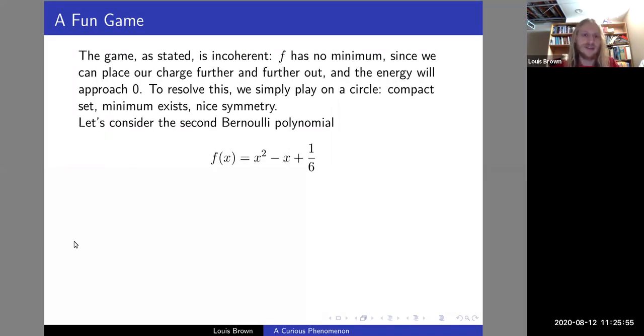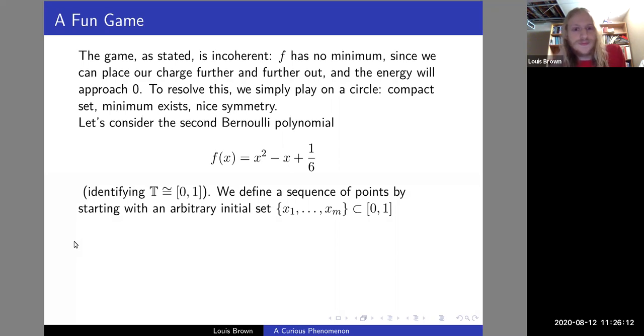So let's go back to our function from earlier, the second Bernoulli polynomial, which is defined by x squared minus x plus 1/6 on the unit interval, identifying the circle with [0, 1). And we're going to define a sequence of points starting with an arbitrary initial set, x_1 through x_m.